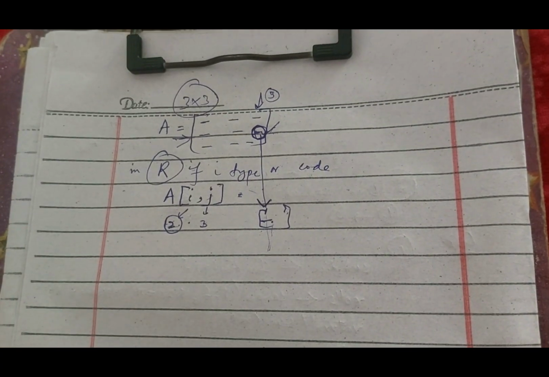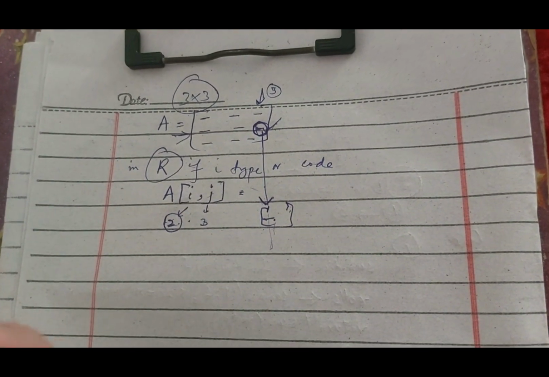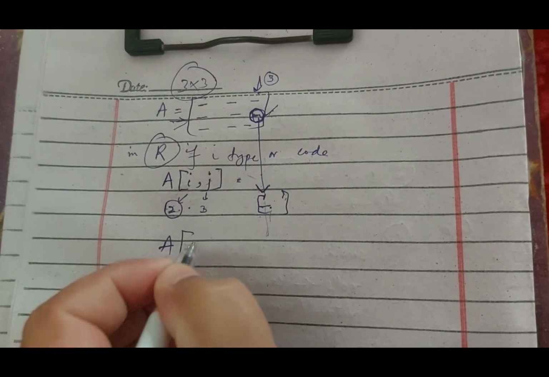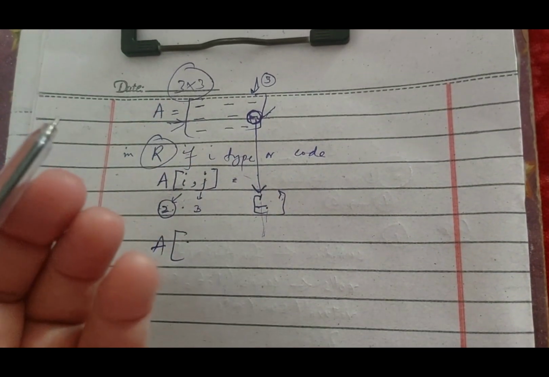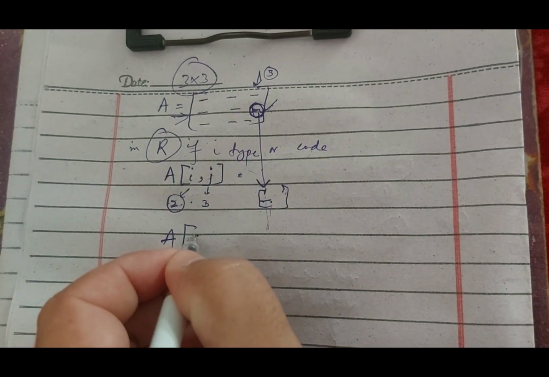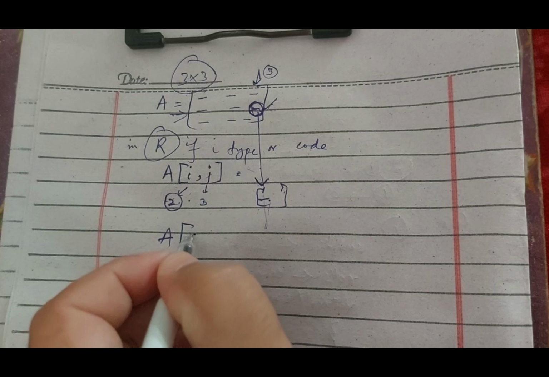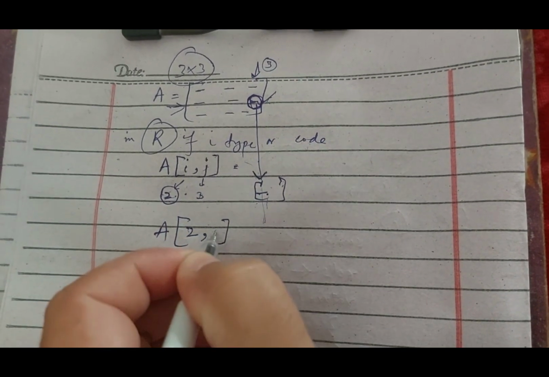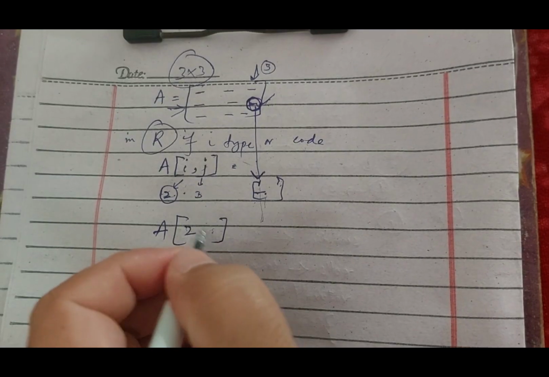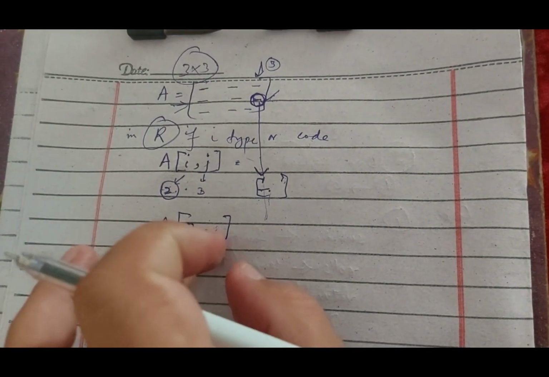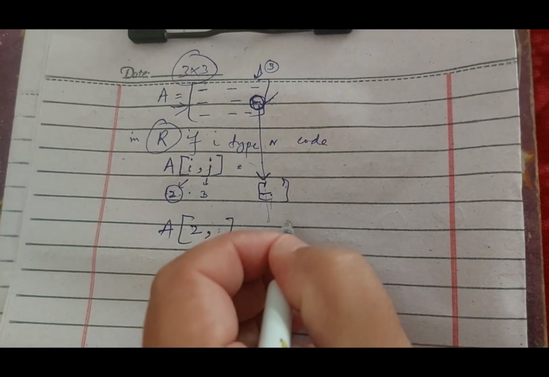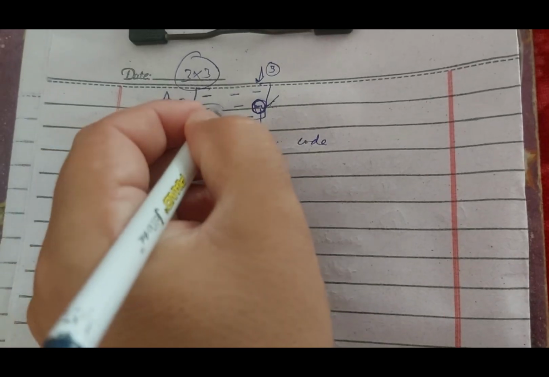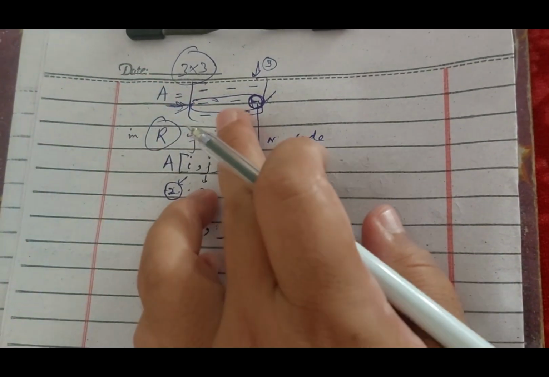Now if I want to have only the ith, for example the second row elements, and I leave the j empty, I didn't type it, it will give us only this second row.